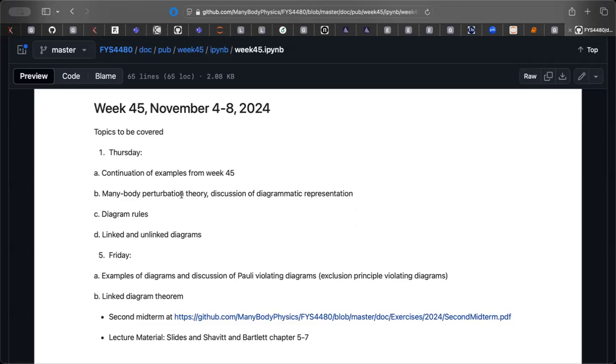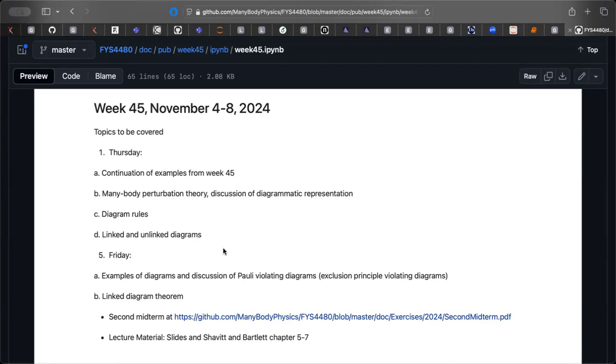And then, since diagrammatic representation is widely used in many-body physics, we need to discuss the rules for diagrammatic representation, which means the diagram rules. And we are going to encounter some subtleties, which often can lead to some confusion, and that is about linked and unlinked diagrams.